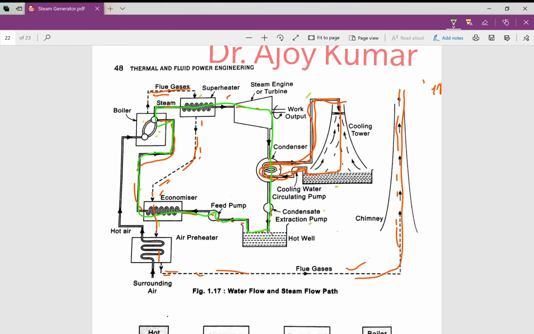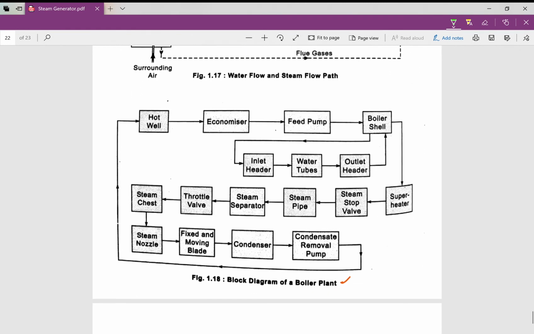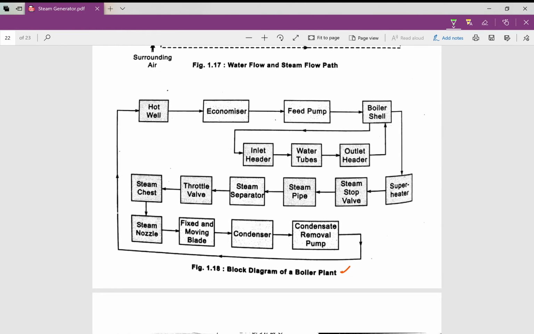So three circuits we are getting over here. Now let us come to this block diagram. So the block diagram is here now. So let us start with the boiler shell itself.